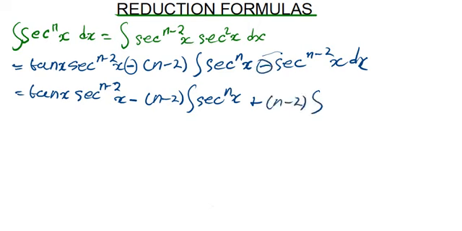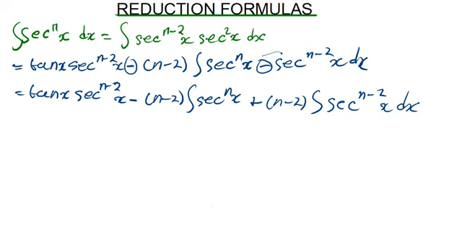I'm just trying to write them as individual integrals, so we have (n-2) times the integral of sec^(n-2) x dx. So this part here is simply what we are looking for, but of course there's a coefficient of 1 here. So I would want to write it in the form that I'm familiar with in terms of working with it.